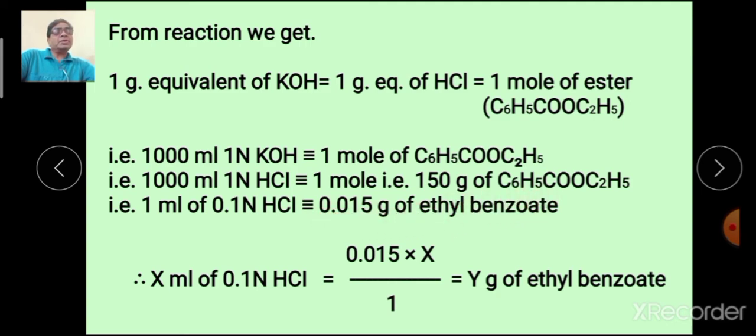Therefore, this value is decreased to this. And for x cc of our 0.1 normal HCl it will be 0.015 into x divided by 1, that is equal to y grams of ethyl benzoate.